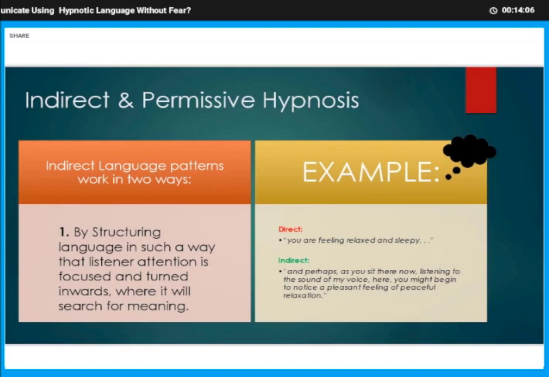Indirect language patterns work in two distinct ways. Firstly, by structuring language in such a way that the listener's attention is focused and turned inward, where it will search for meaning. So a direct example of this would be: you are feeling relaxed and sleepy.